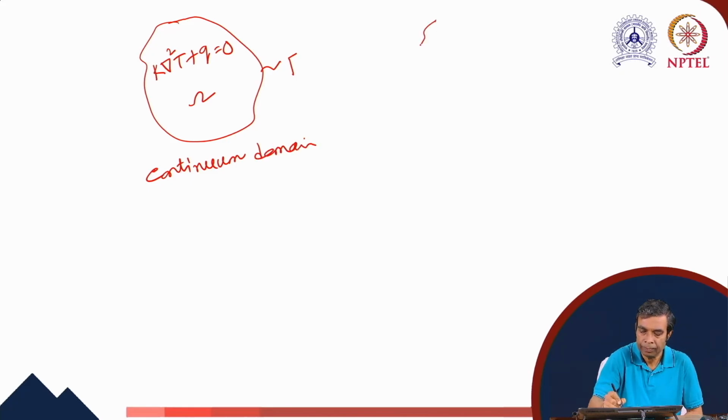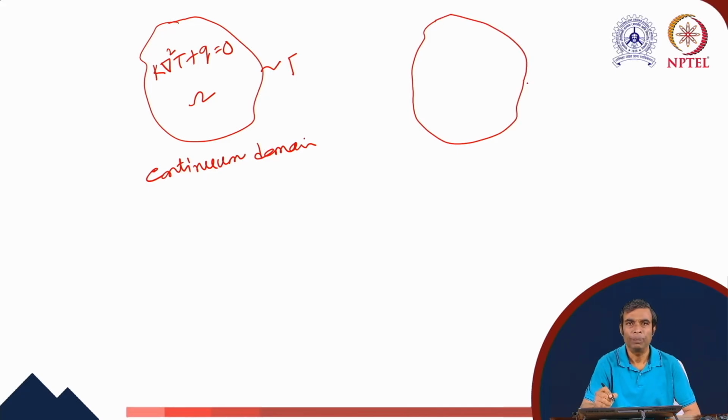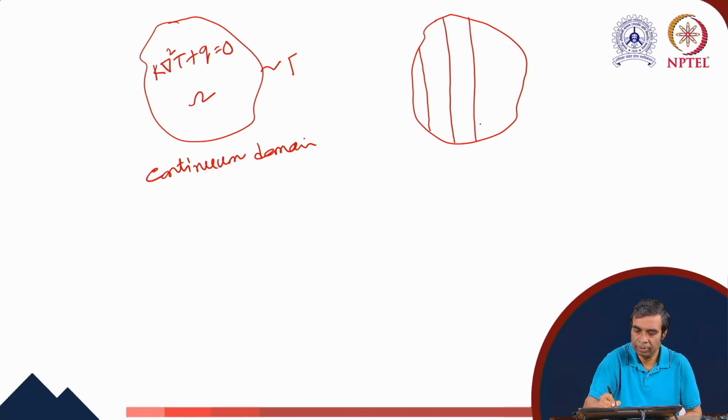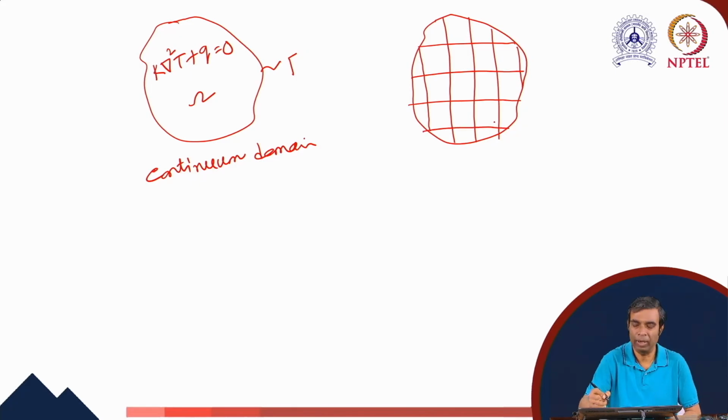Now this same domain we split using the subdomains or finite elements. There are many choices possible. So here we show one of the choices. The vertical lines and the horizontal lines that I am drawing here are known as the grid lines.